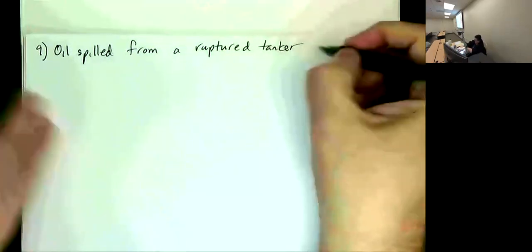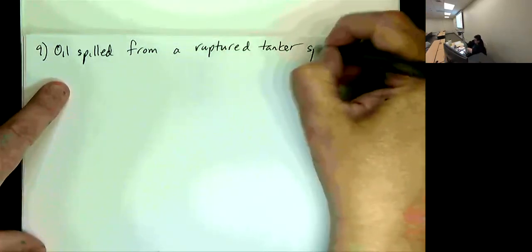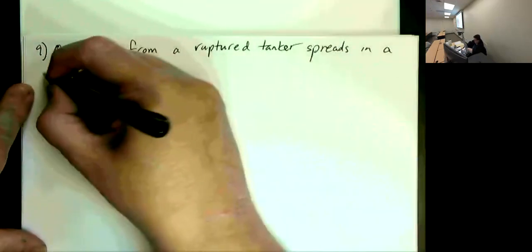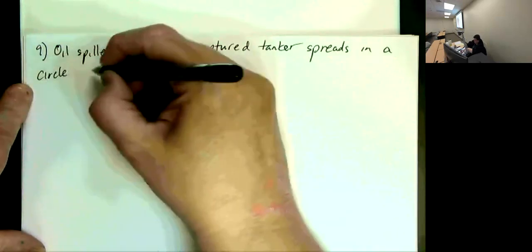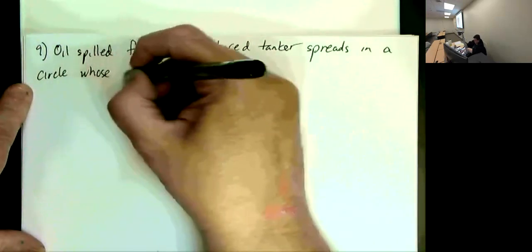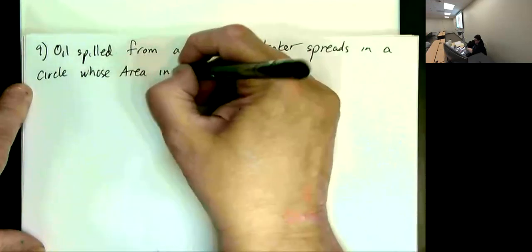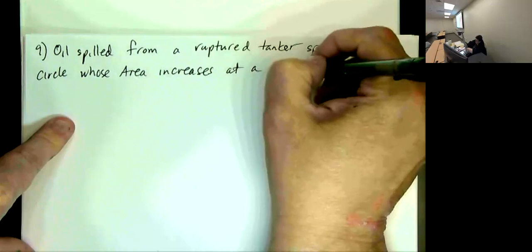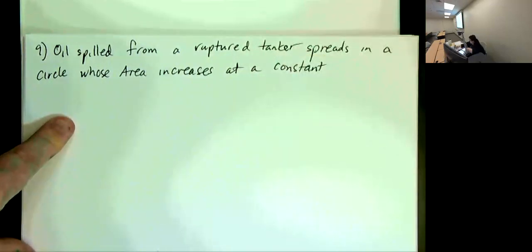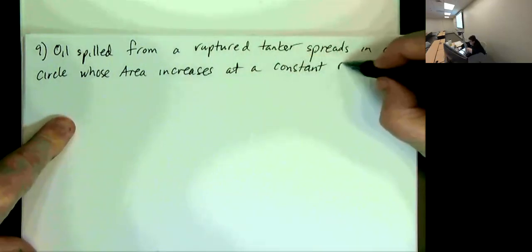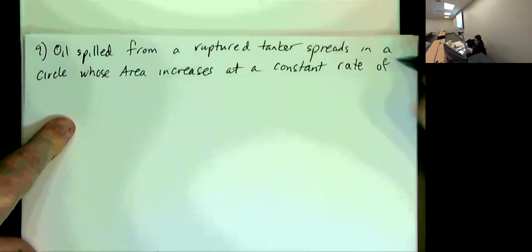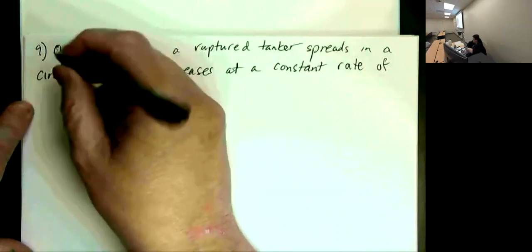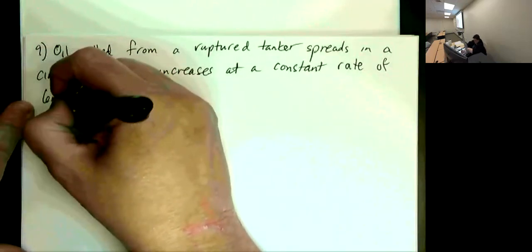The oil that spilled from a ruptured tanker spreads in a circle whose area increases at a constant rate of 6 miles squared per hour.